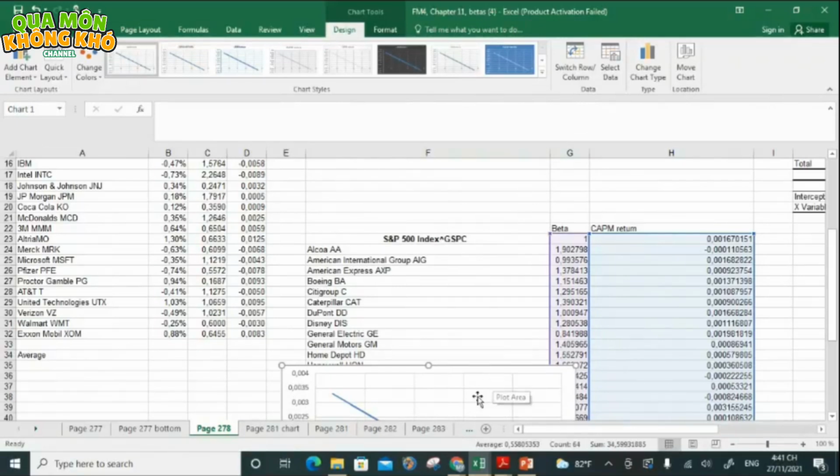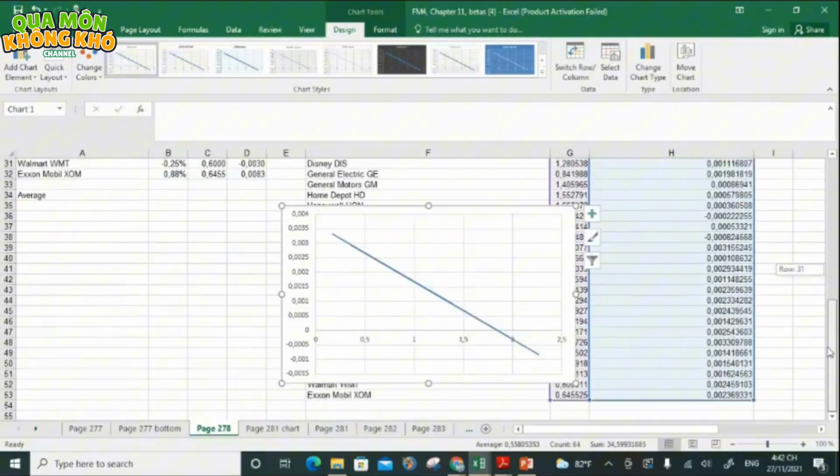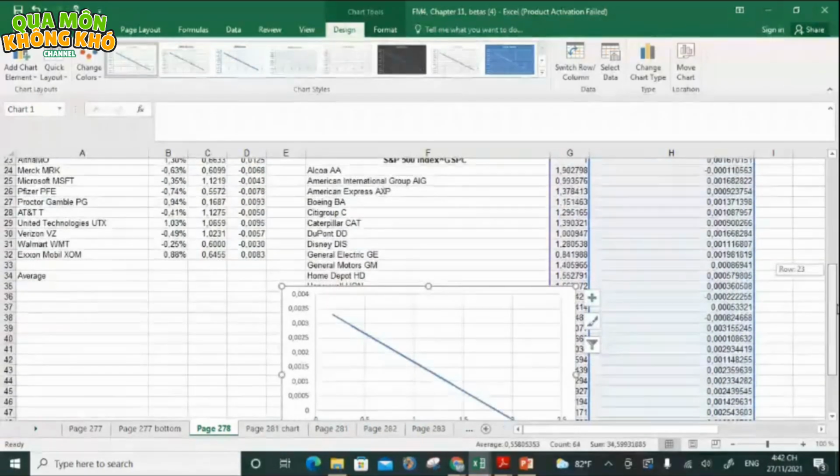Okay, that's the reason why we cannot get the proper SML. The proper SML will slope upward, and all the securities will lie on this line.